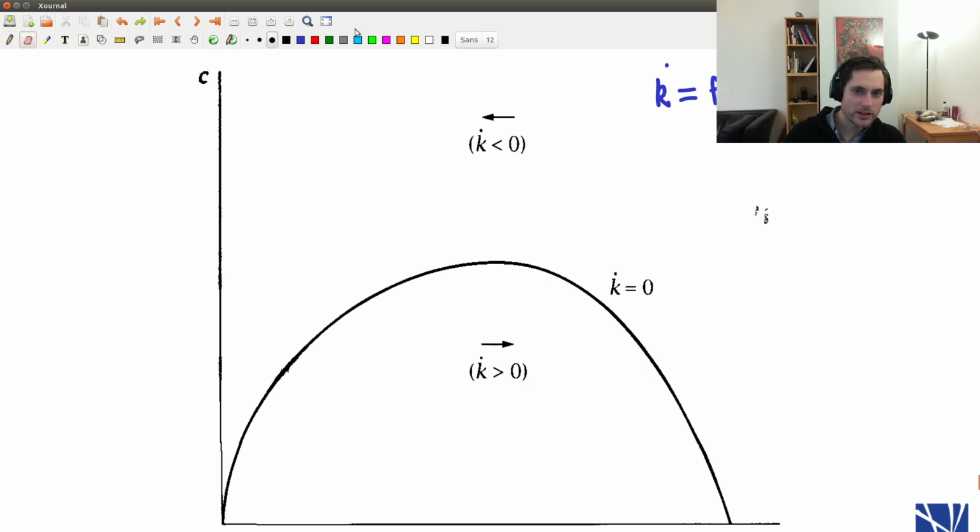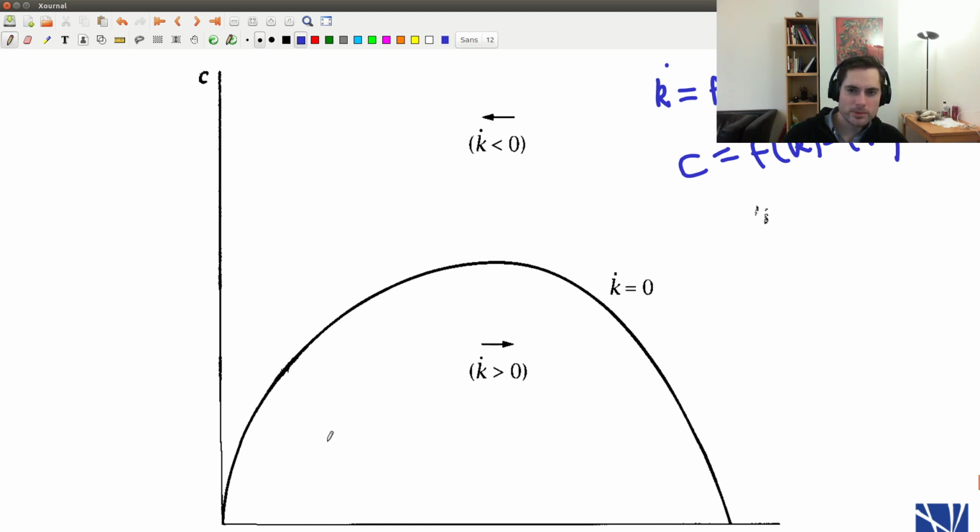Let me get rid of that. I took all the other t's off, but I left one of them in. All right, when k dot is 0, c is equal to f of k minus n plus g times k. Okay, so that's this k dot equals 0 line.